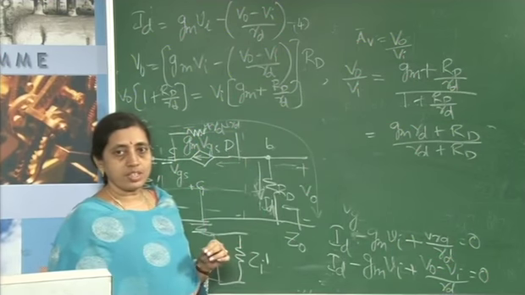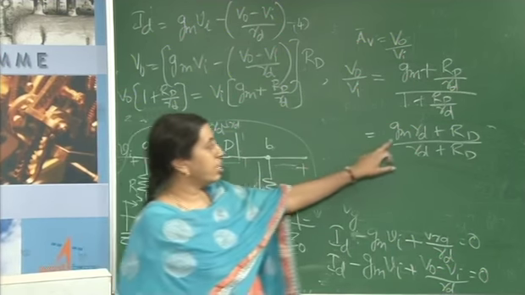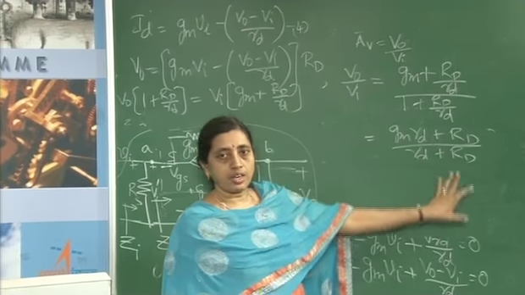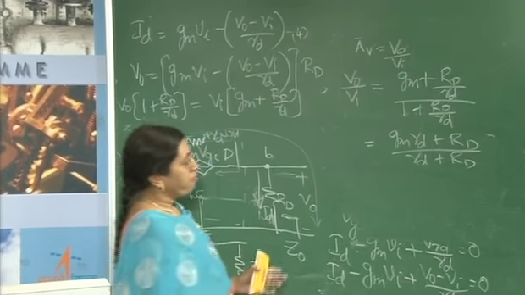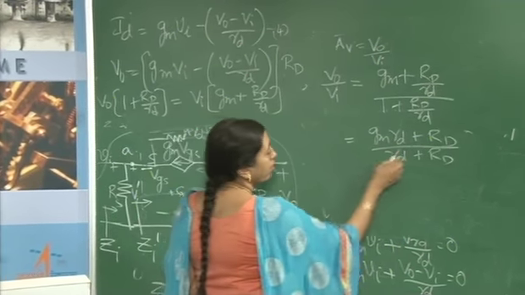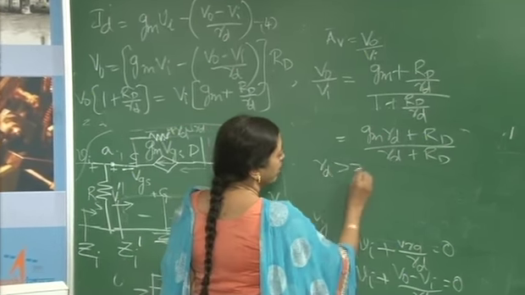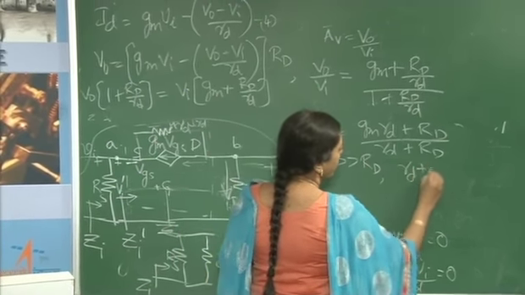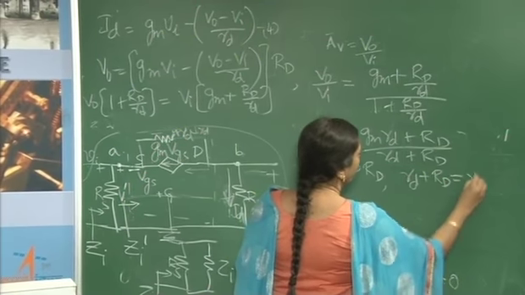We will arrive at this expression: gm rd plus rd divided by rd plus rd. Now, we know that rd is very much greater than rd, so I can write rd plus rd to be equal to rd.